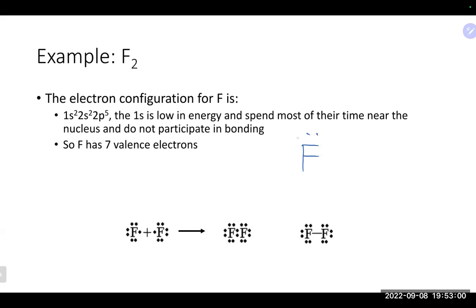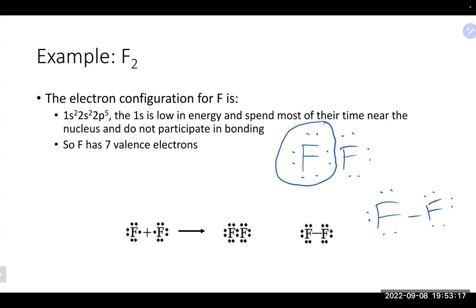You could use all dots if you like. You could use a combination of dots and lines. Usually the lines represent the electrons that are being shared, or a bond. But if we look at the fluorine on the left and count up all the electrons, it has 8 electrons, which gets it to the noble gas configuration.